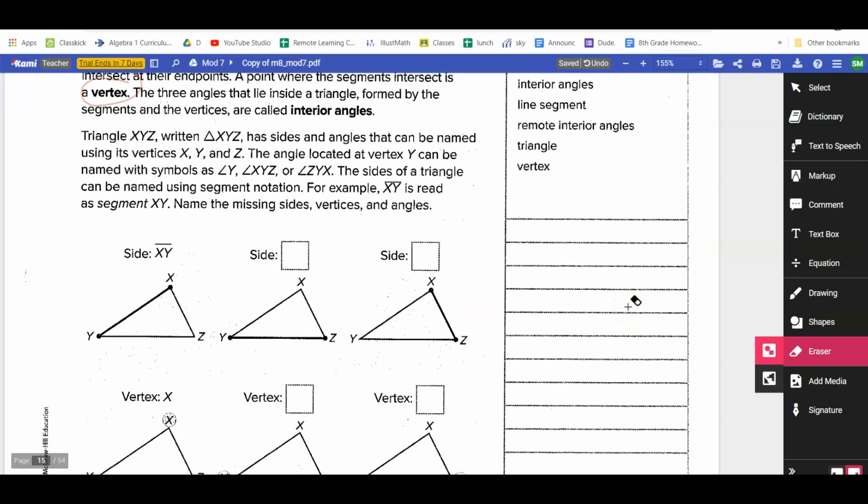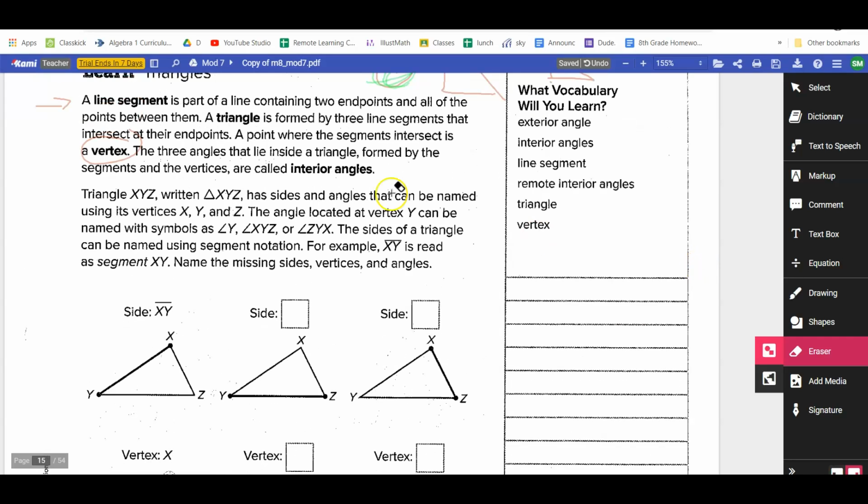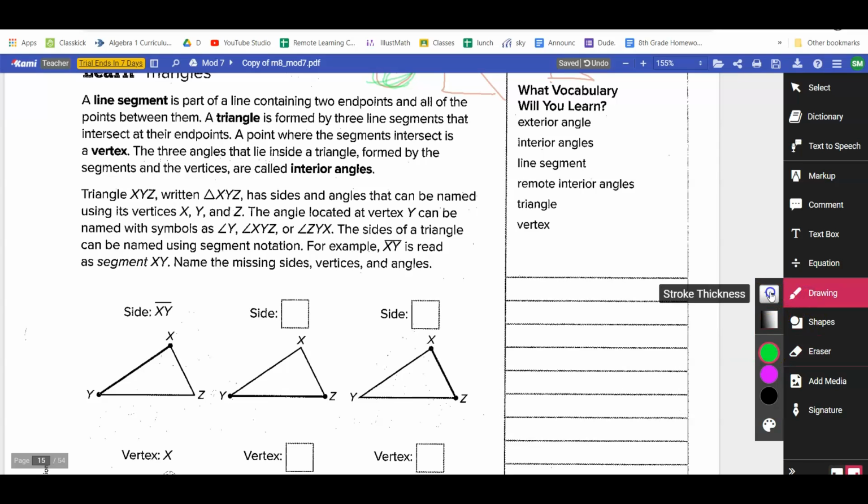Okay. So if I'm looking at this, if I want to name these things, these guys over by here. This is side YX. Touch the Y first, and then the X, side YX. This is side YZ. This is side XZ.